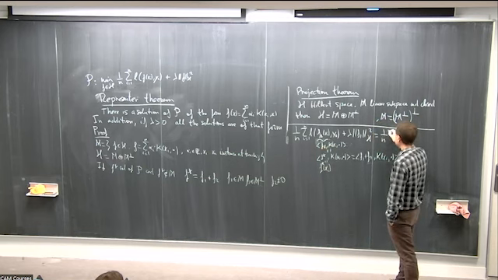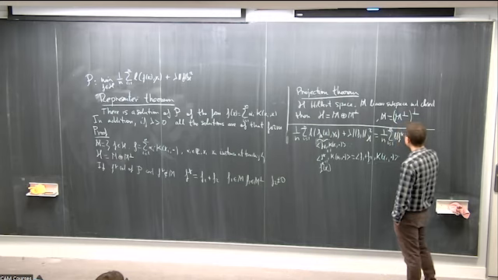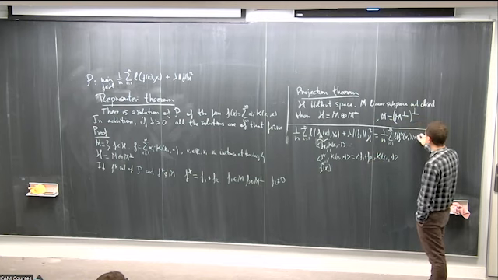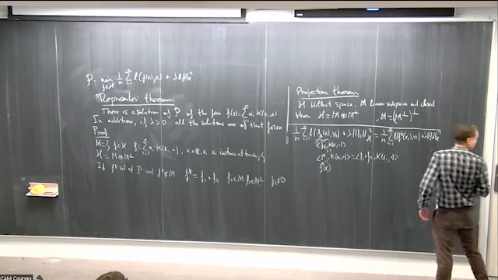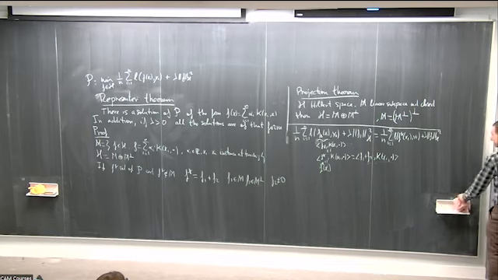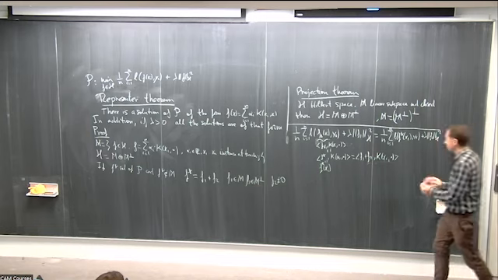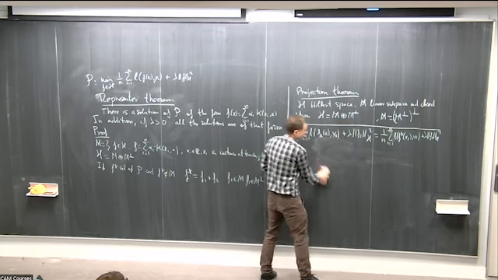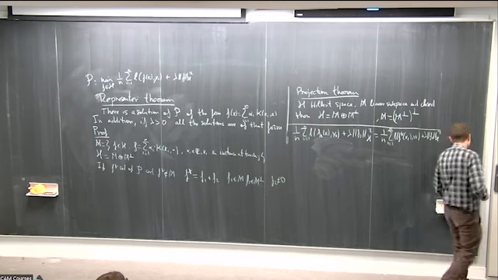The first part is exactly the same if we do it with F1 or if we do it with F star, because of this, and then we have the norm of F1. And we are basically done, right?